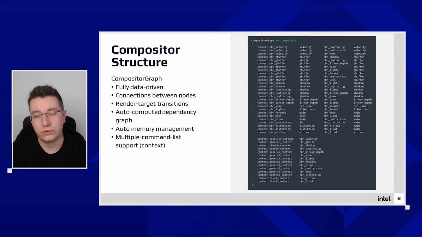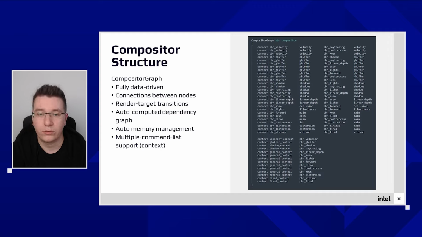Now I would like to introduce our compositor graph and show you how to manage that and how it helps to integrate XeSS. At the beginning of everything, we have the compositor graph, which is a fully data-driven structure that handles connections between nodes. It builds a dependency graph that is deterministic.